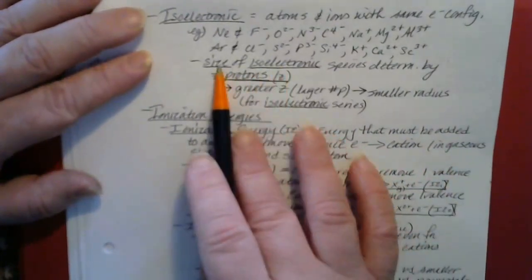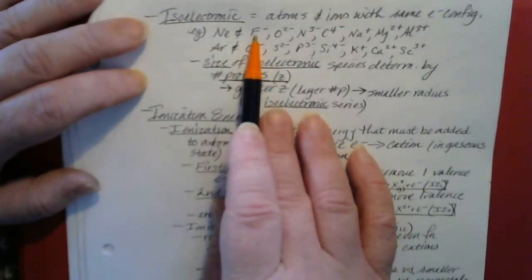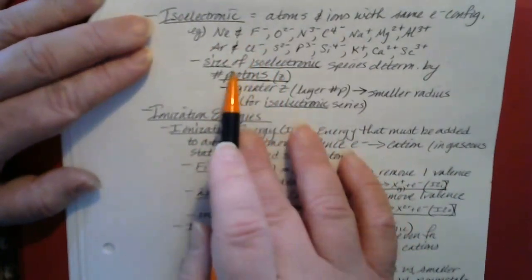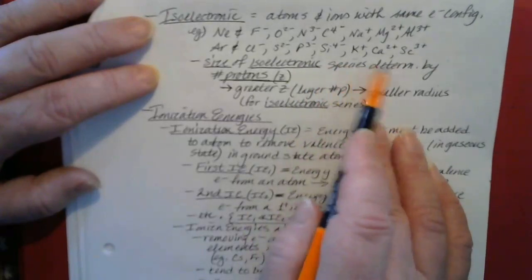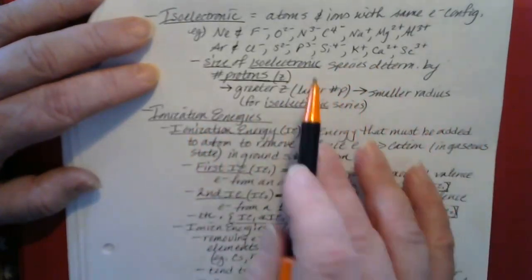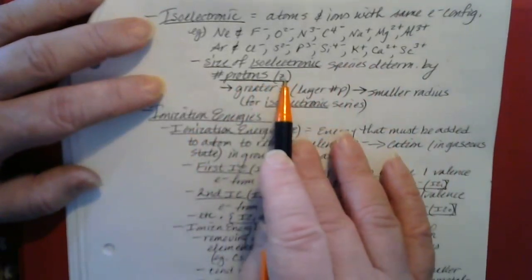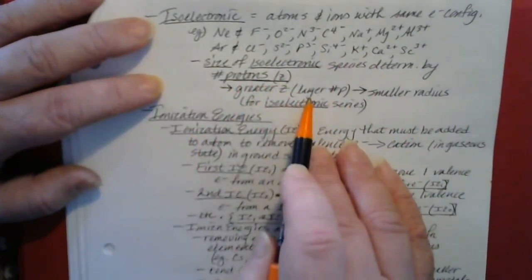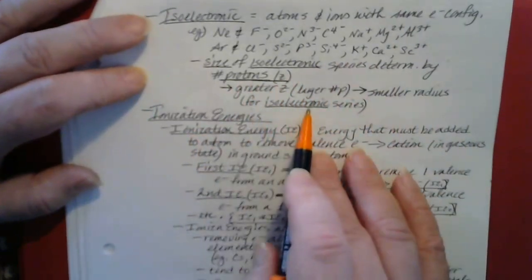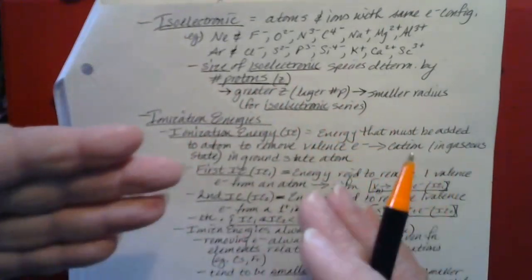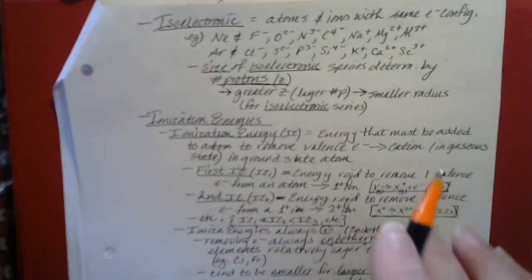If you've got two things, they don't necessarily have to be ions. Neon is isoelectronic with fluoride ion. But if you've got some isoelectronic atoms or ions and you want to know the trend in their sizes, the size is determined by their number of protons, or their atomic number. The greater the atomic number, that is, the larger the number of protons, the smaller the radius will be. So again, it's a case where you're gaining something, but yet it gets smaller because of all that empty space within an atom.